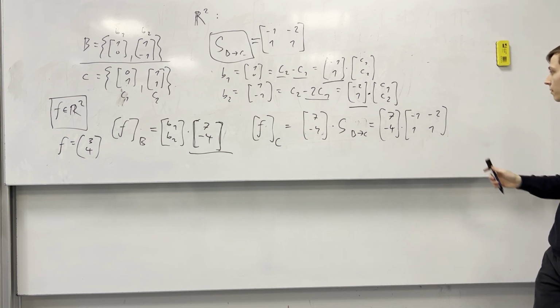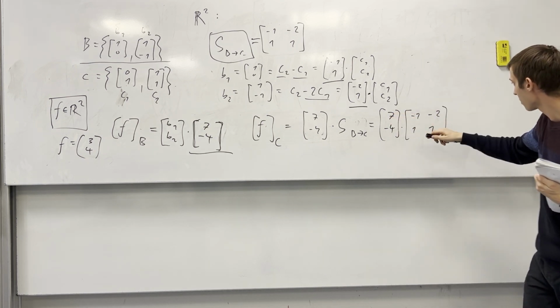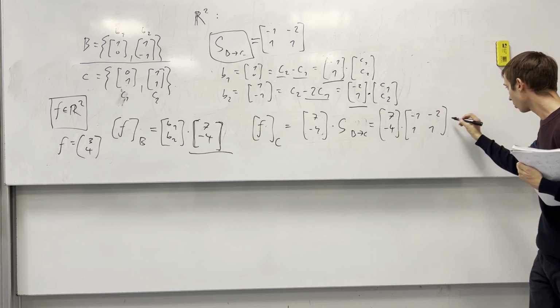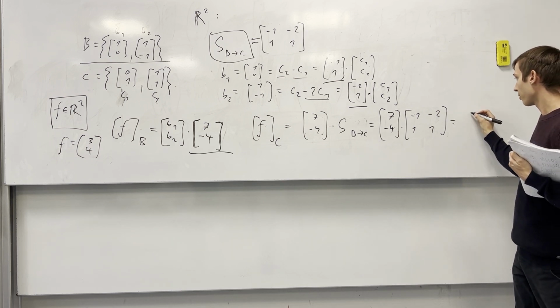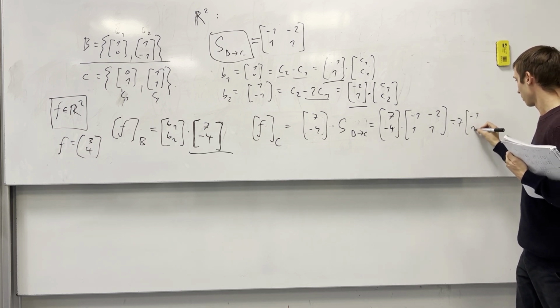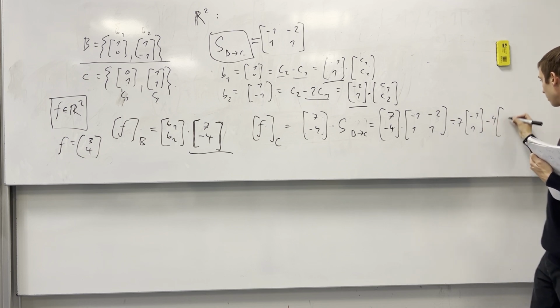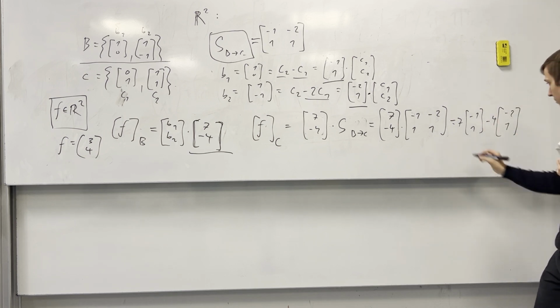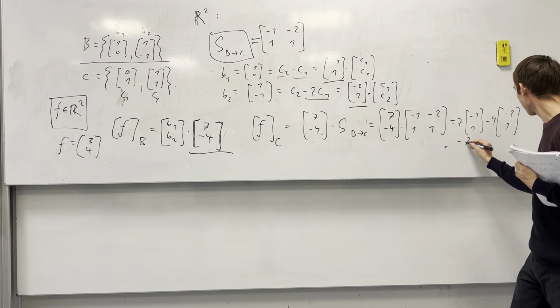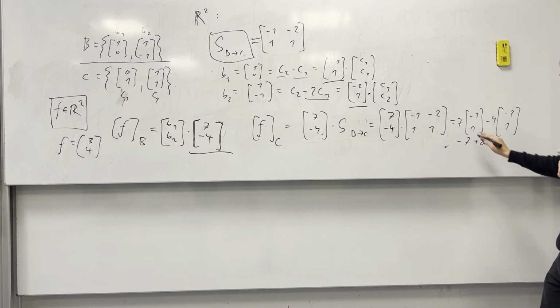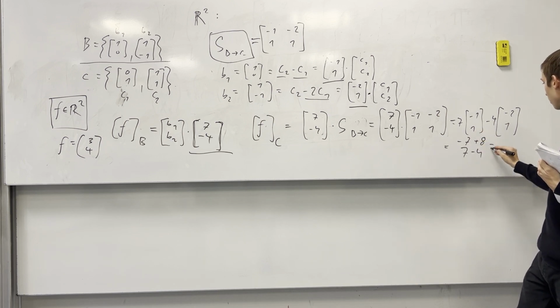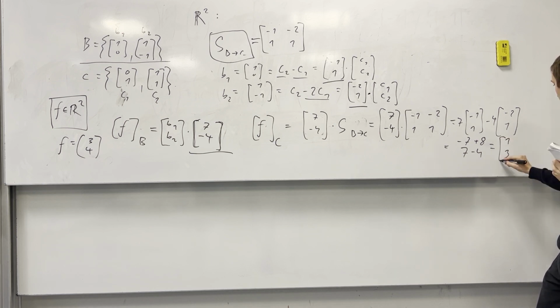Again, I multiply by 7 in the first column, plus minus 4 times the second column. So we have this, and the result will be minus 7 plus 8, and 7 minus 4. So this should be 1 and 3.